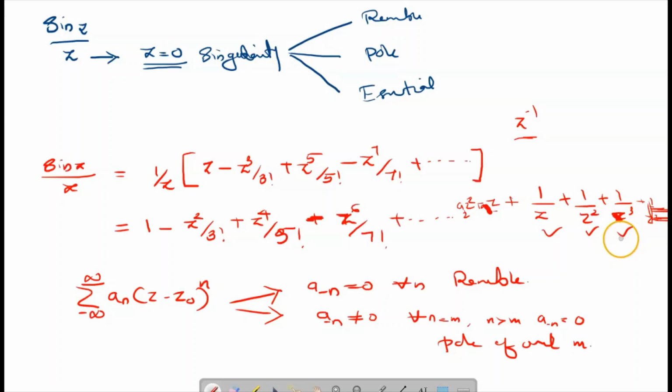Then we have a pole of order 3. So that is the concept.